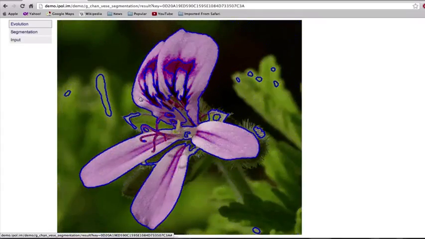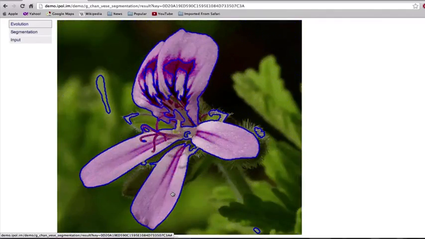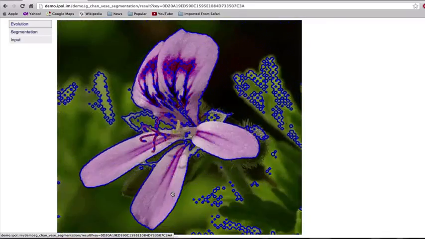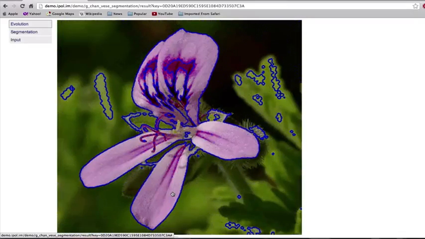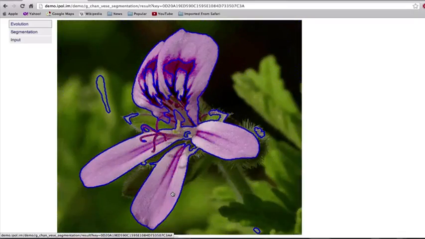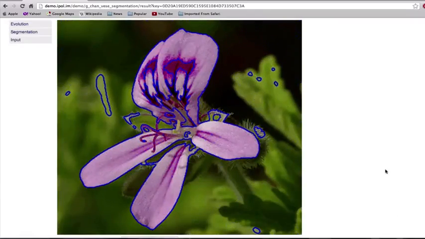But mostly, it has done a great job in finding the boundary of the flower, which is probably the object of interest for this image. And we see, once again, these contours evolving. This is something that we're going to learn next week, exactly the formulas, exactly the math behind it. But this illustrates the idea.